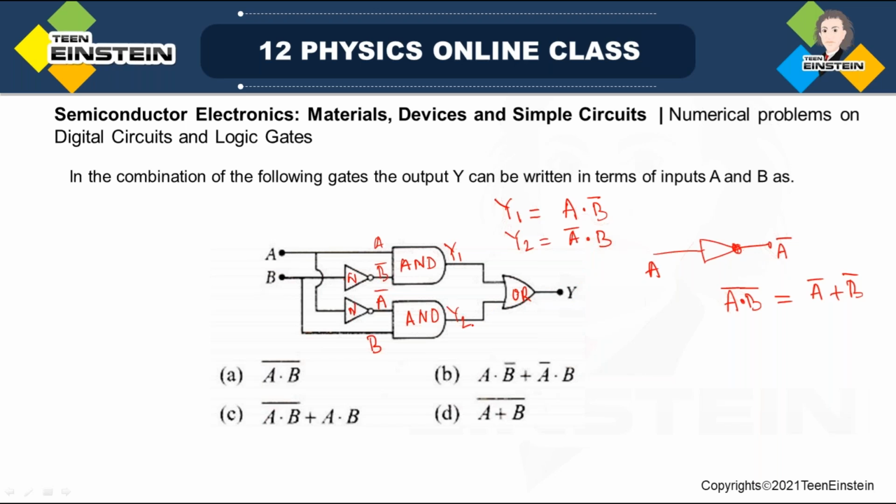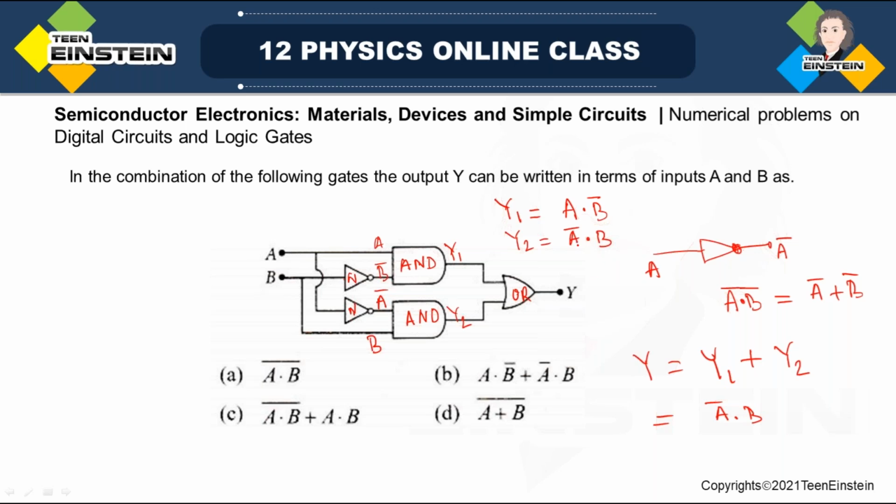Now if you feed this Y1 and Y2 to this OR gate, what do you get? Ultimately you will get Y equal to Y1 plus Y2, where plus means OR. So let us write that: A dot B bar.